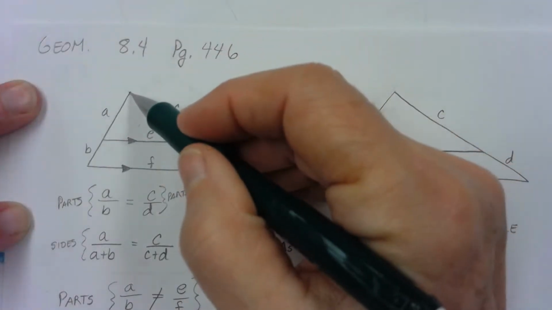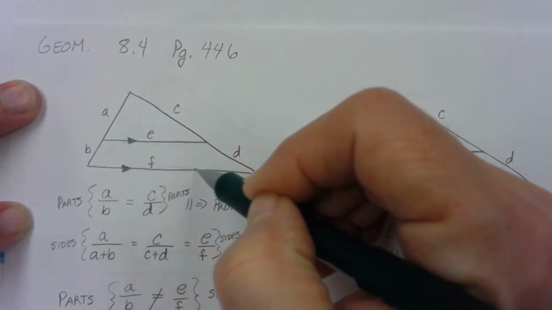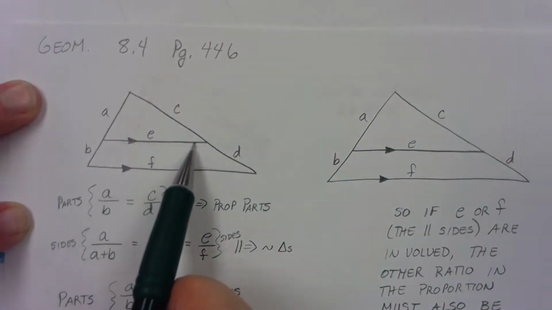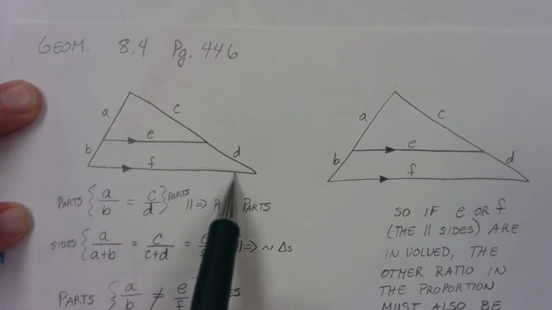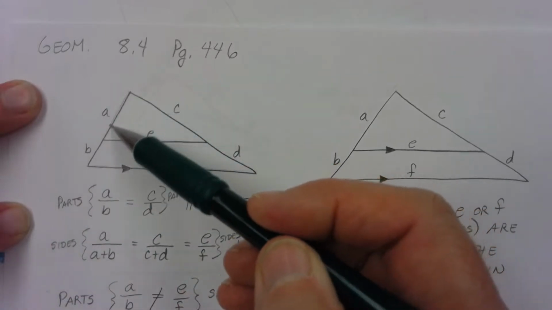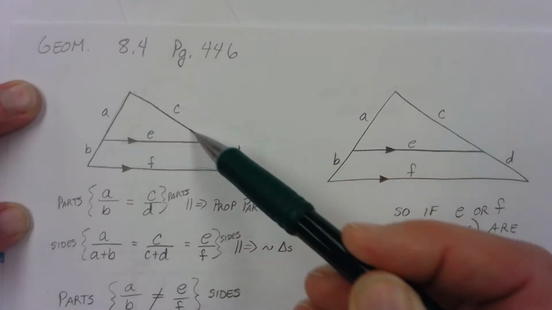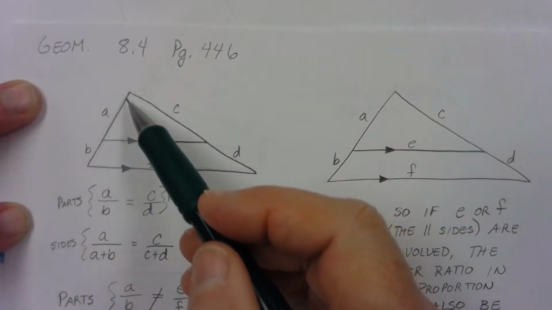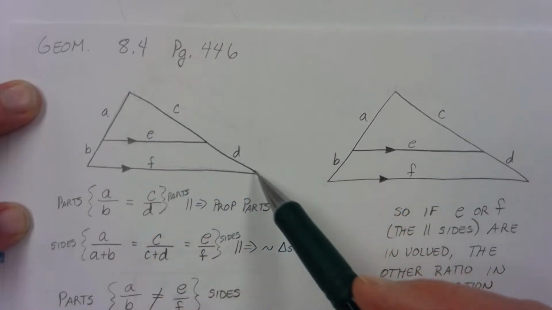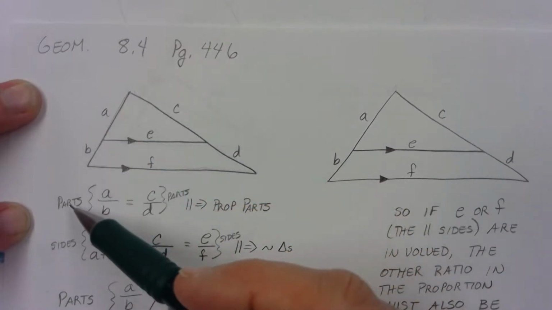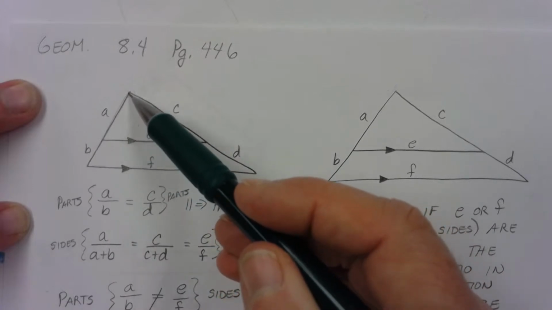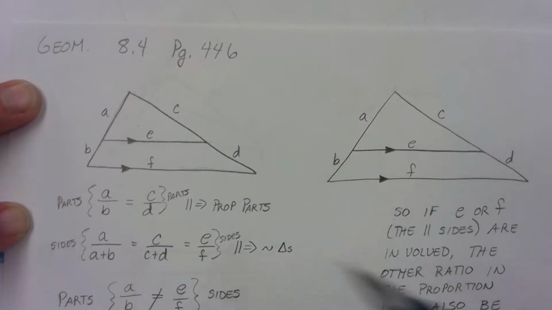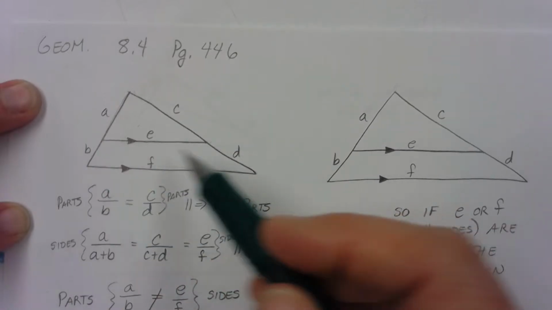If you have this big triangle here, and that's all you're thinking about, and inside that triangle you draw this line parallel to this side here, then you have split these two sides, this big long side and this big long side, when you hit them with this parallel line, into 2 segments on this side and 2 segments on this side. I call those things parts because, yes, A is the side of this triangle, but B is not the side of any triangle, and neither is D. They are not the sides of any triangle.